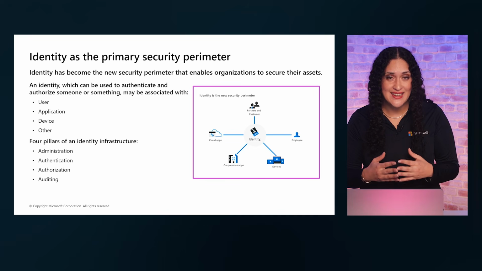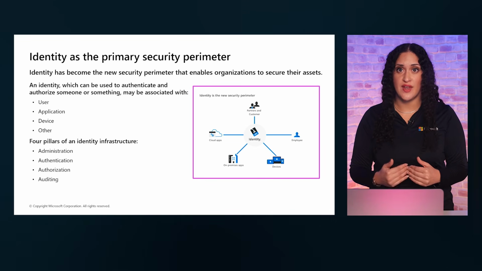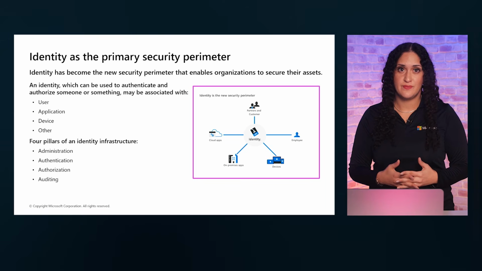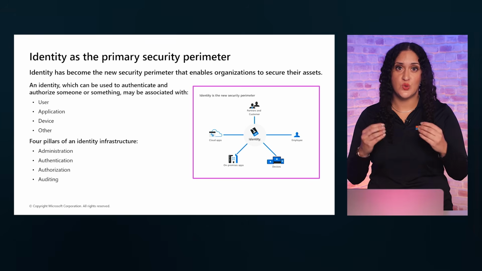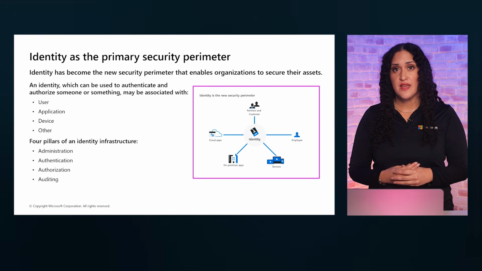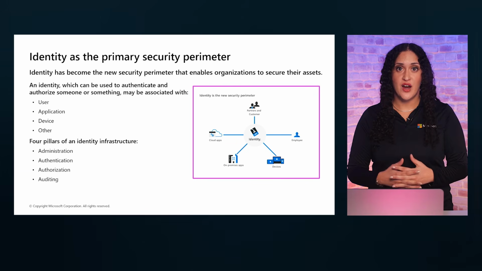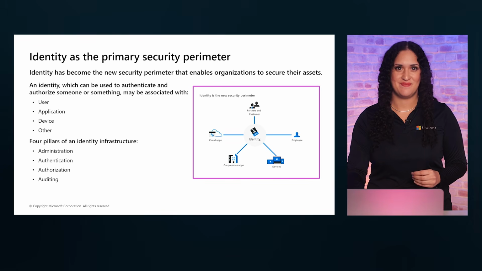And all these sign-ins and access activities are logged so security teams can review that activity and investigate any suspicious behavior. So together, these 4 pillars help us reduce risk and improve accountability. And of course, secure access across our cloud and hybrid environments where identity is the new security boundary.